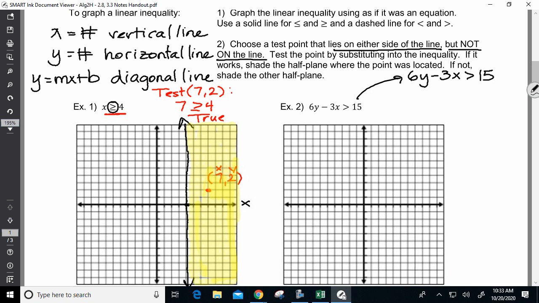So 3x has to move over. 6y greater than 3x plus 15. Divide everything by 6, so y is greater than 3 over 6 x plus 15 over 6. That's y greater than 1/2 x plus 2.5.